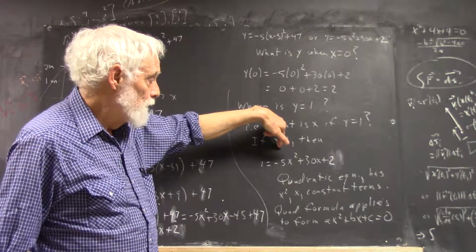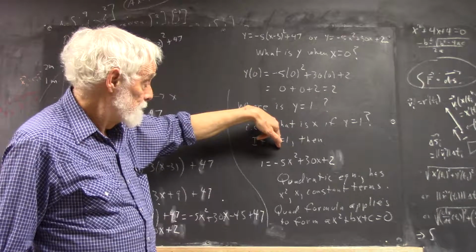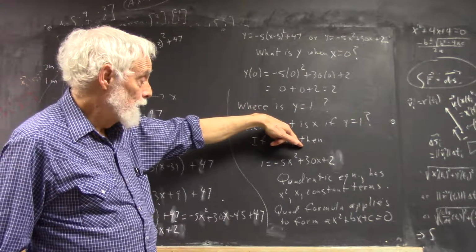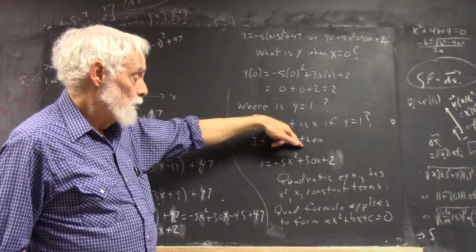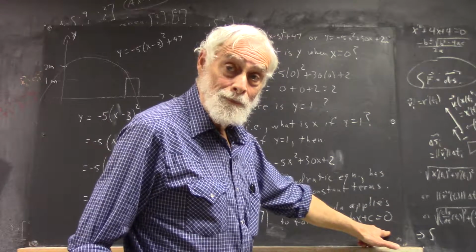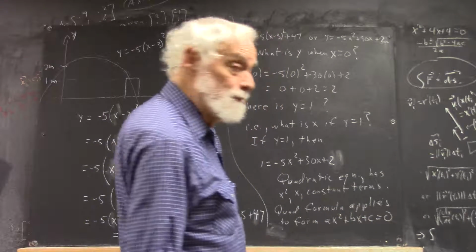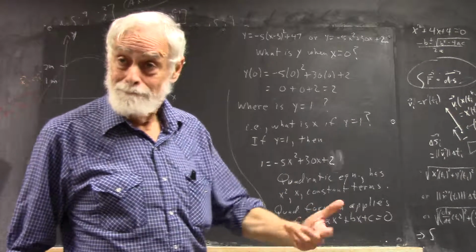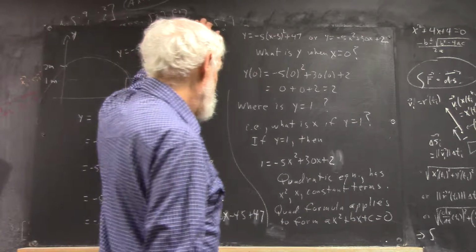Okay, so we do this, right? And here's our equation. Now how do we get that into the form where we can apply the quadratic formula? It has to be in this form, so we have to have an equals 0. Well, and you told me, come on, subtract 1 from both sides. Yeah, we do that.